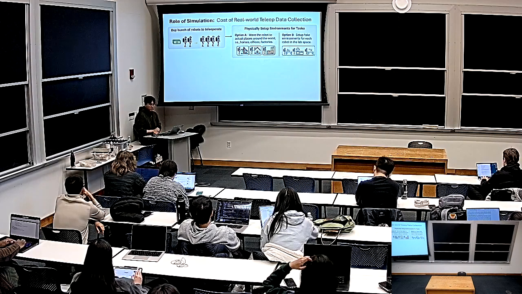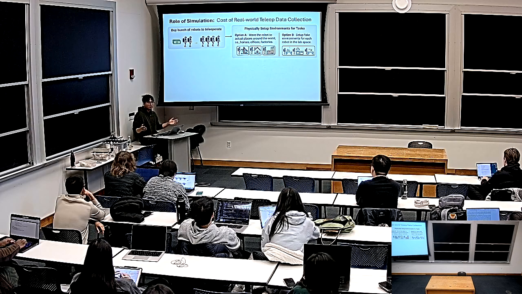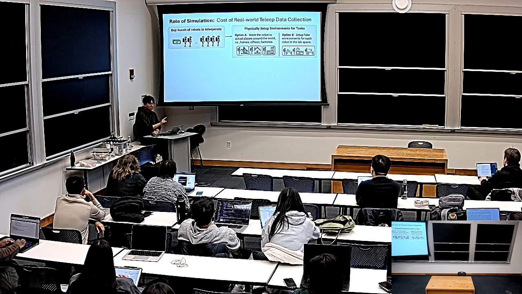And there's also option B. If option A takes up too much time, effort and money, there is option B, to set up a fake environment around the robot in the lab space. So we either have to do option A or B to set up the environment and collect tasks.